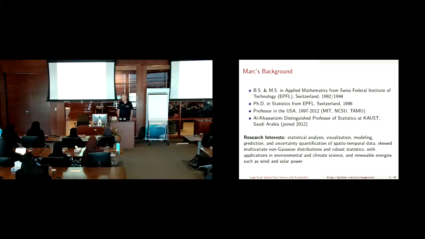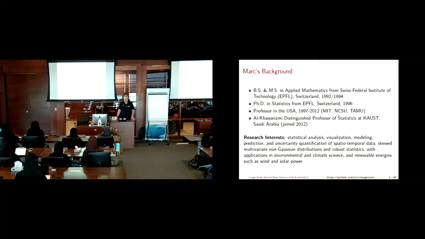But at some point, I thought, well, what am I going to do after I finish these studies? And I thought, well, maybe if I learn more about statistics and data science, it will be easier for me to find a job. That was my thinking at the time. So this is what I did. And at some point, I found a professor who I like, because if you're going to do a PhD, you have to find someone you like to work with, because you're going to spend 4 years typically with this person.